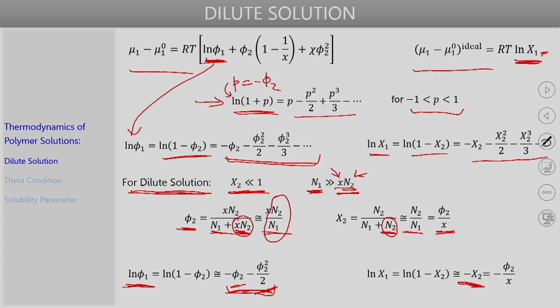So, that will be negligible with regards to the terms that we will be considering. Since x2 is much smaller than phi 2, we are considering only one term in this expansion, and we know that x2 is equal to phi 2 by x from here. So, this ln x1 we can express as minus phi 2 by x.